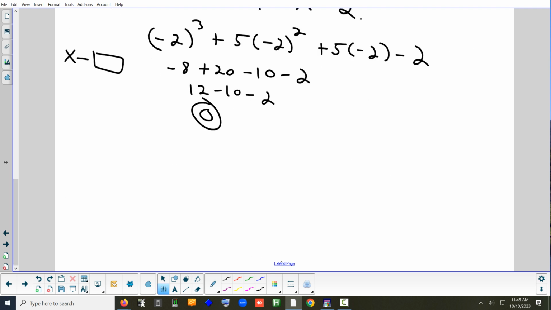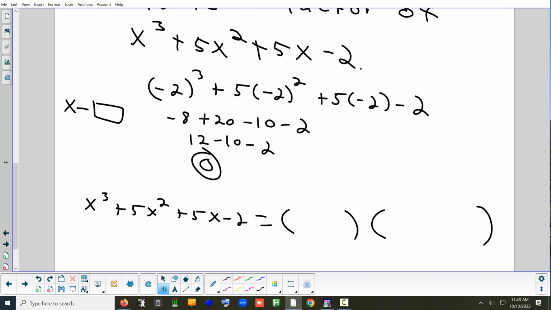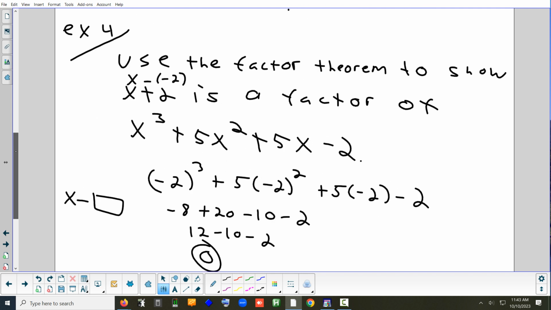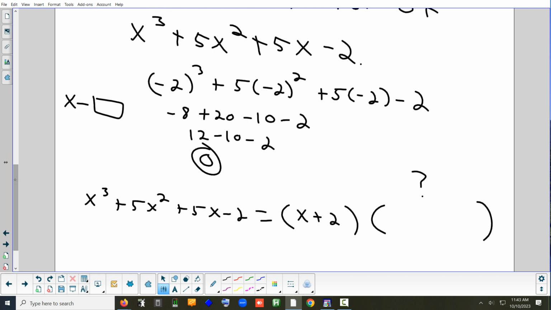Yes. So now we could write this: x cubed plus 5x squared plus 5x minus 2 equals, well, we know one of the factors is x plus 2, times a question mark. How would you figure out what the other factor is?